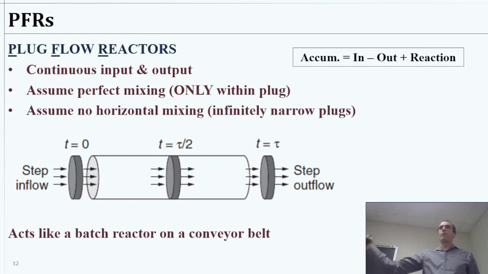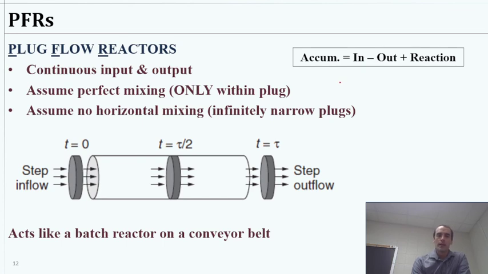It's going to take some time before it gets through the system, and then it empties out at the end of the system. So we end up having a way to have continuous input and continuous output while also having the benefits of really having just the reactions happening.